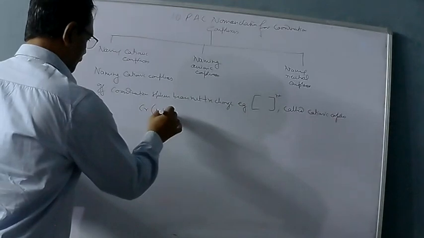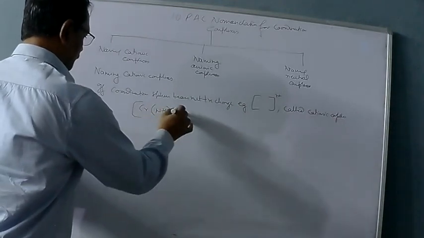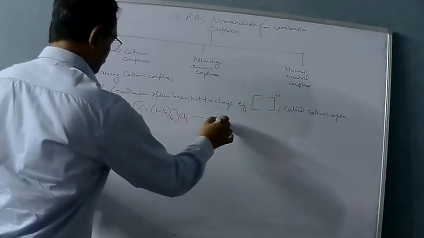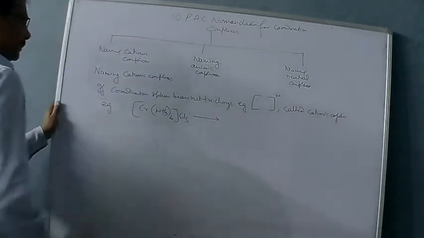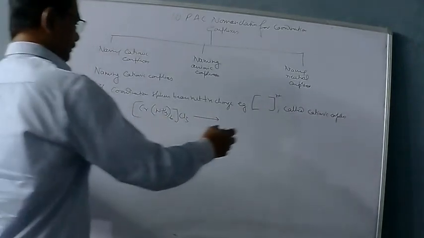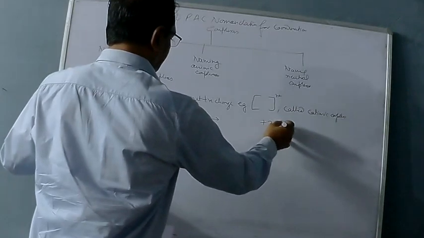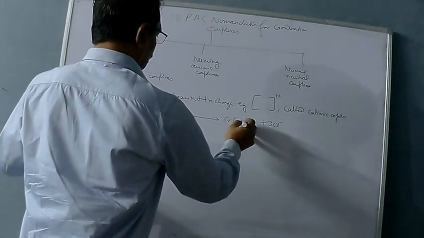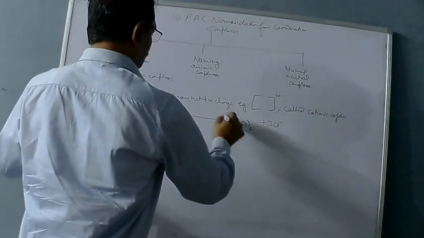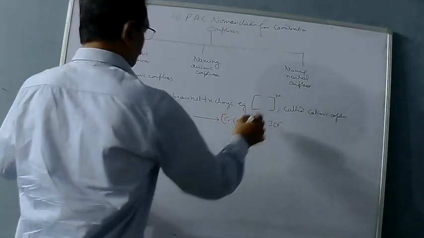For example, Cr(NH3)6 Cl3. If I dissociate, it gives me 3 chloride, and [Cr(NH3)6] with 3 positive.